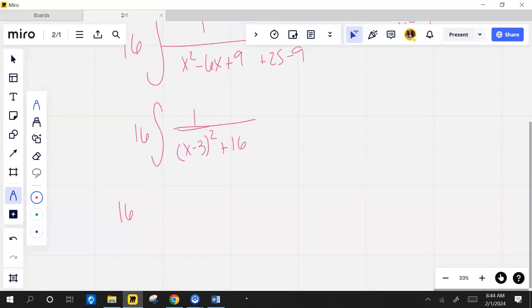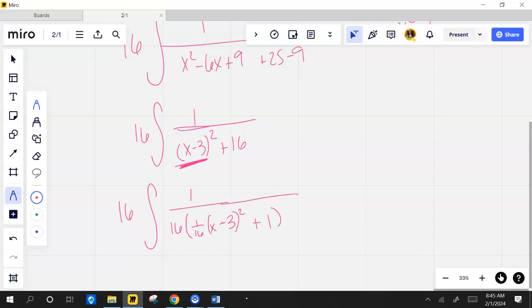It's still got to be a plus 1 there. If I take it out, I don't have anything here for it to give, so I put a 1 over 16 in front, so that should I go back and distribute, it would be 1.